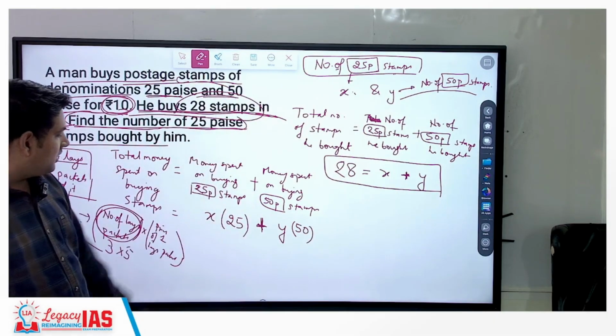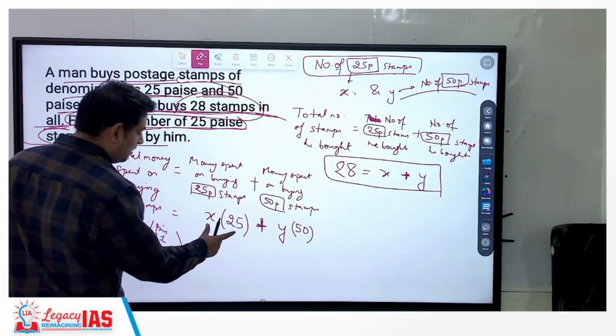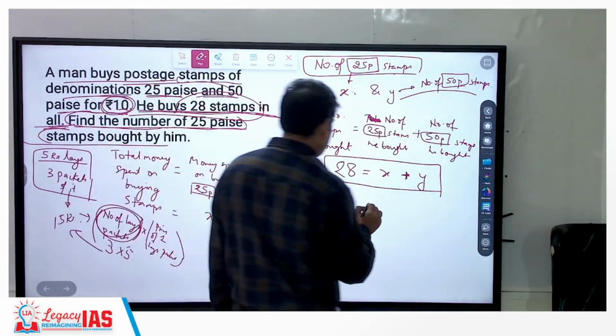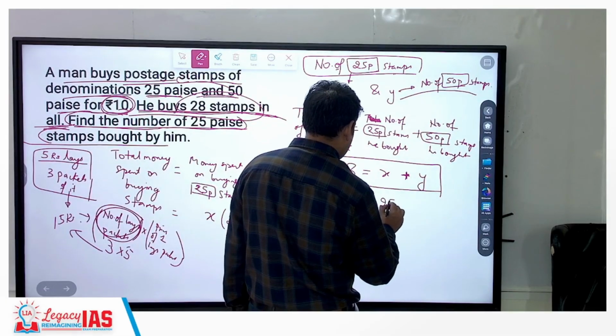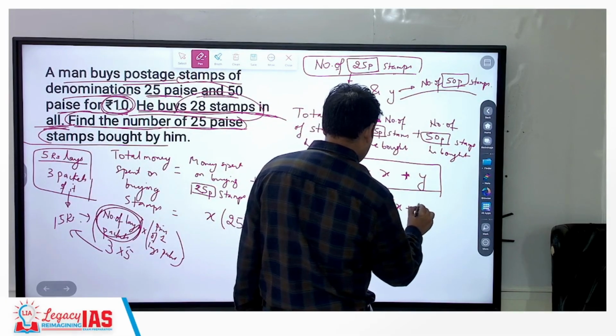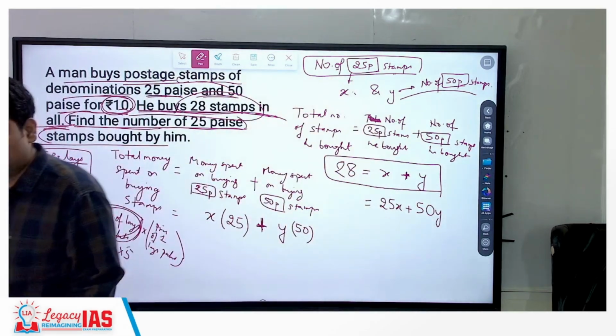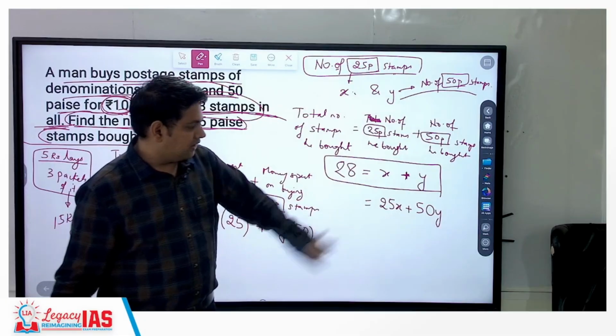This is the second part of the equation, where x into 25 plus y into 50. So this is one part of the equation, which is 25x plus 50y.